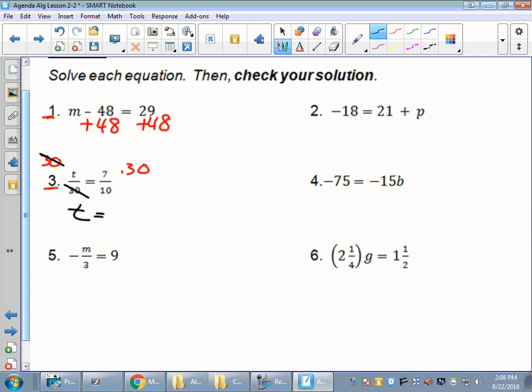And then if you can punch in your fractions in your calculator and find a way to multiply this, you should get t equal to 21. Or you could also cancel here and say, wait, 10 goes into 10 one time, it goes into 30 three times, and then we just have 7 times 3. Same deal.